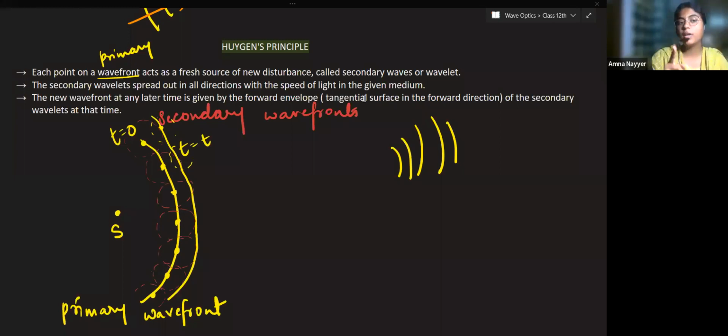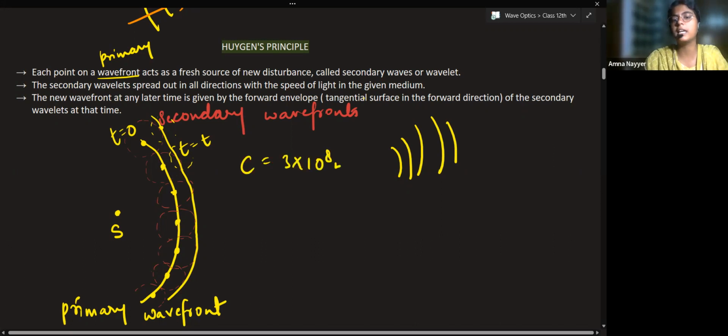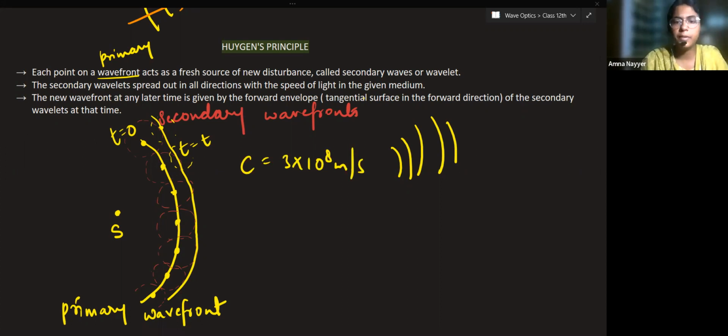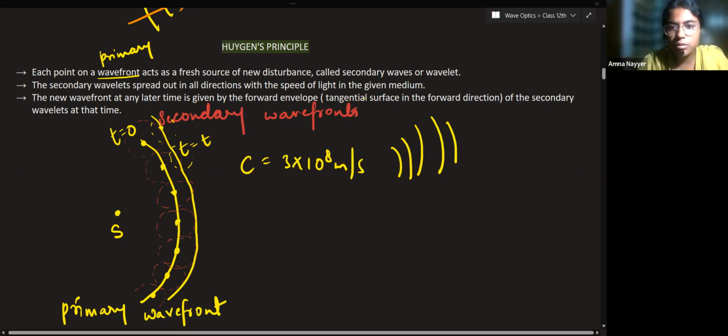Each point on a wavefront acts as a fresh source of new disturbance called secondary waves, or you can say wavelets or secondary wavefronts. These secondary wavelets spread out in all directions with the speed of light. Yes, this is important. This propagation occurs with the speed of light.